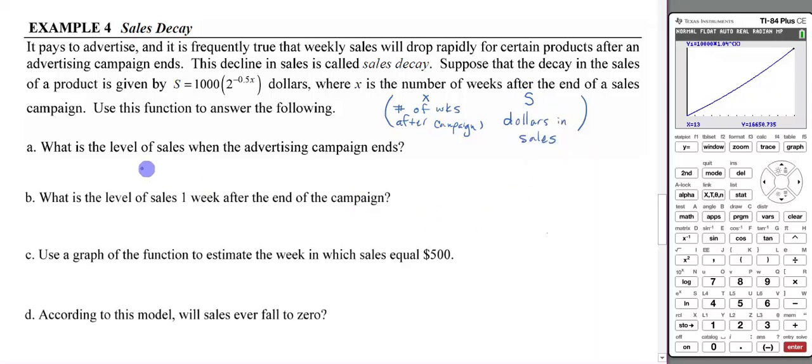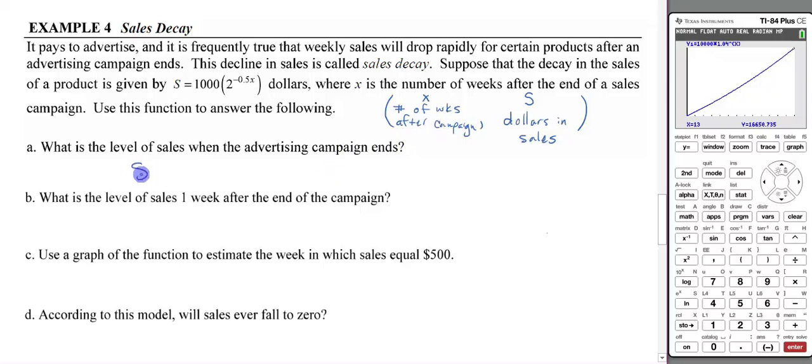So what is the level of sales when the advertising campaign ends? Which of these things have they given us? Which thing are they asking for? They're asking for the level of sales, so it means they must have given us the number of weeks after the campaign. Well, when the advertising campaign ends, then the number of weeks after the campaign would be 0.